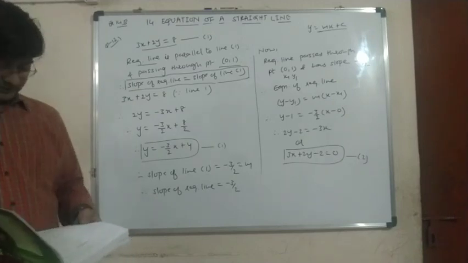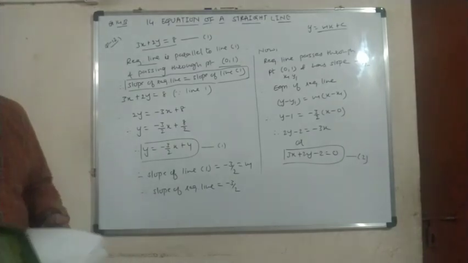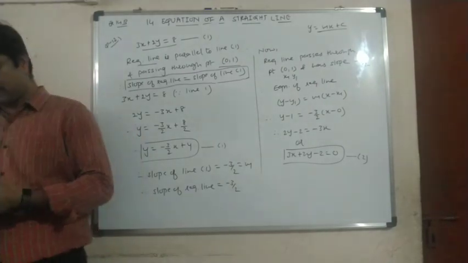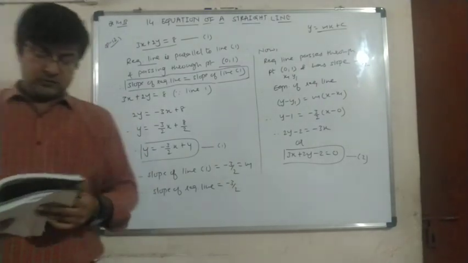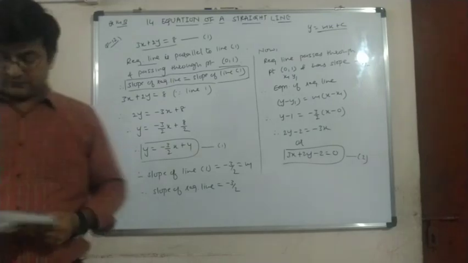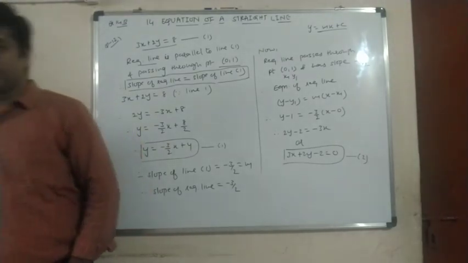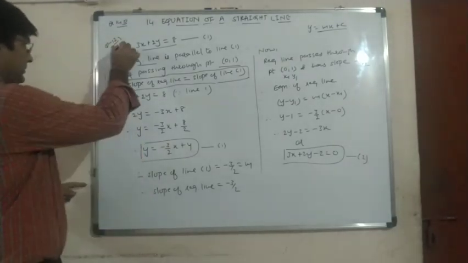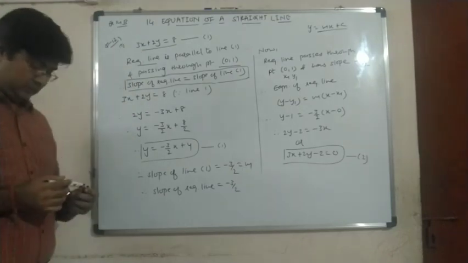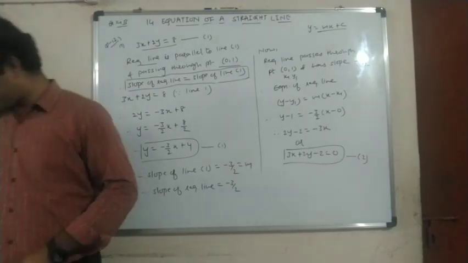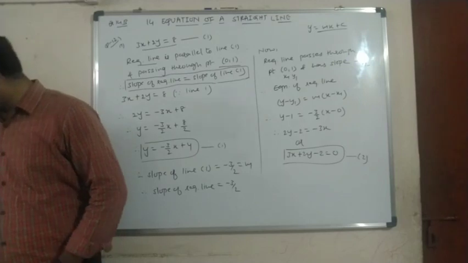Question number 12, 3x + 2y = 2. Okay, that is right. Now let us solve. Okay, this is the first one of question 12. Now we will solve the second part. Okay, this was the first part. Now the second part of question number 12 is given.